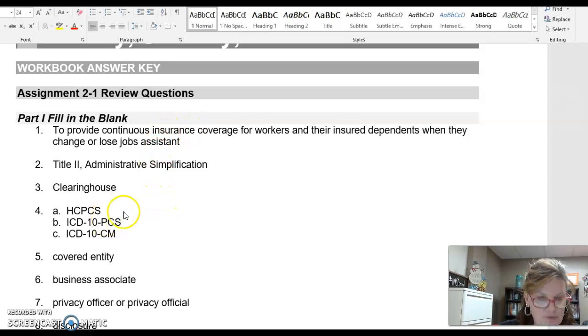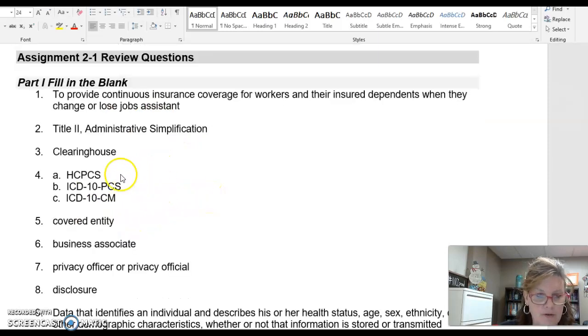With this, I'm just going to go through number 4, and we're going to be going through this within a few weeks. But drugs and supplies, we get those through HCPCS codes, and you will see a lot of these when you are working in the office, that you will have to come up with a HCPCS code for a drug, which is a J code.